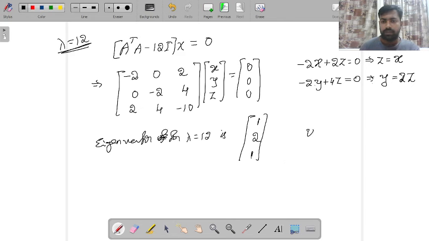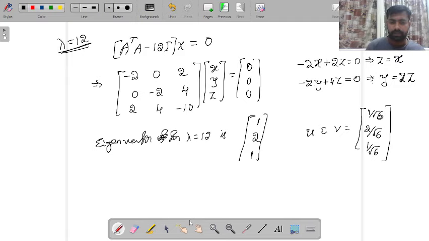But we want a unit eigenvector, so its length is nothing but root 6. Why? Because 1 plus 4 plus 1, root 6. So 1 by root 6, 2 by root 6, 1 by root 6. So this is the eigenvector for lambda equal to 12.